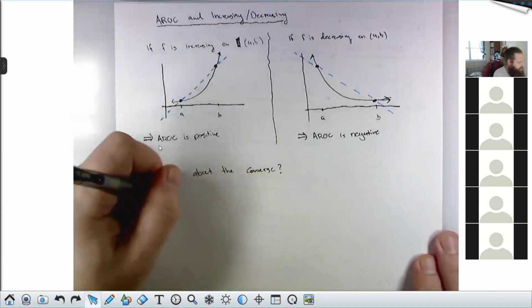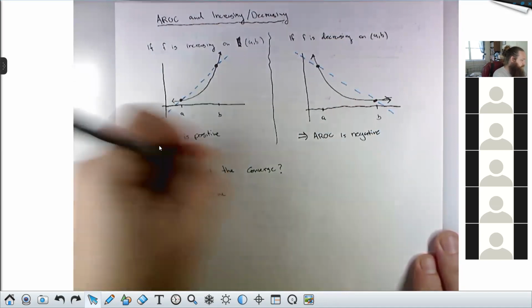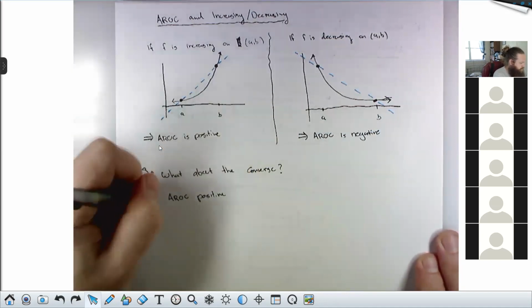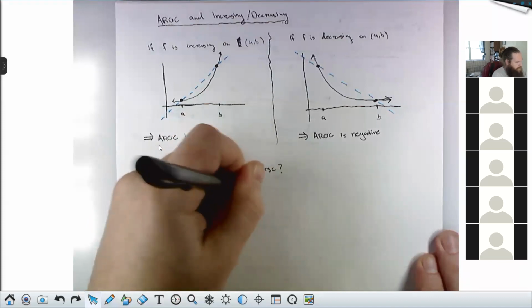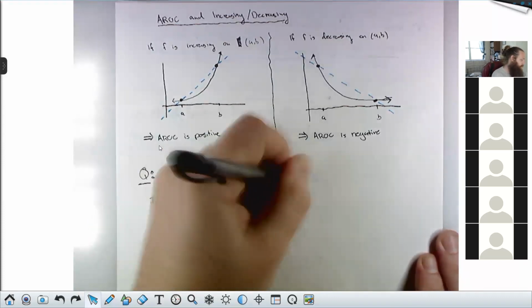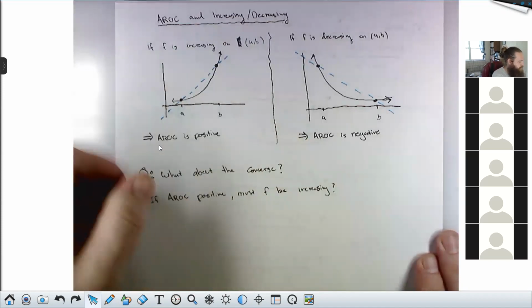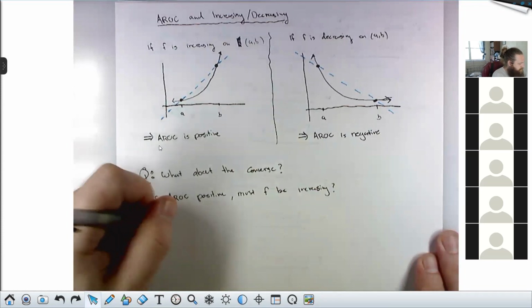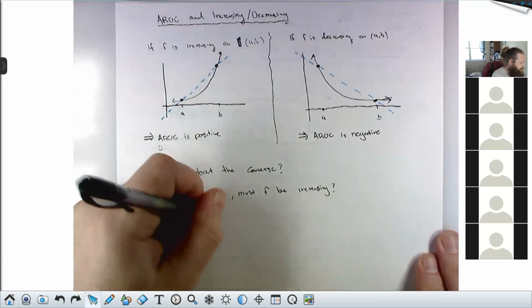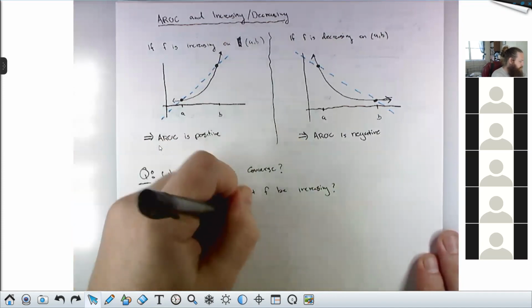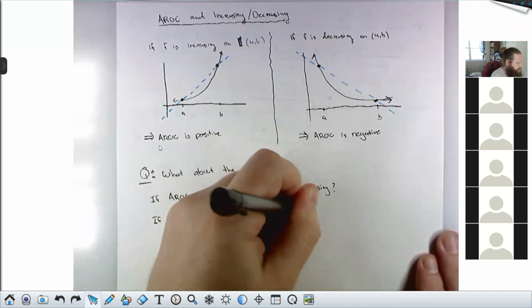If the AROC is positive, must f be increasing? Or if the AROC, average rate of change, is negative, must f be decreasing?